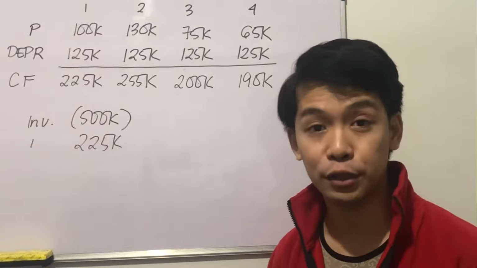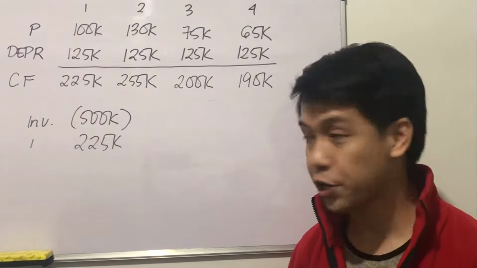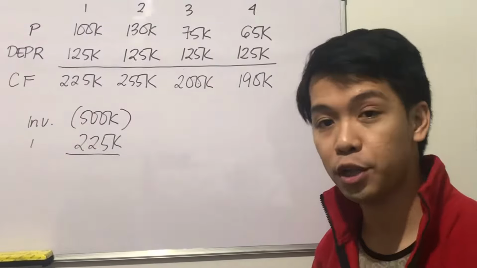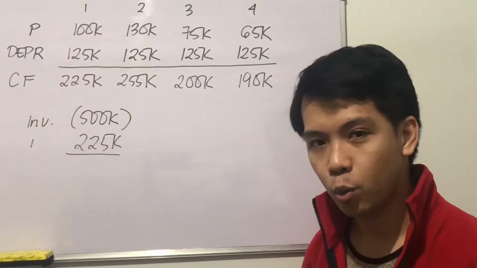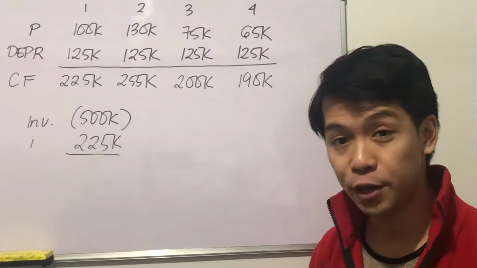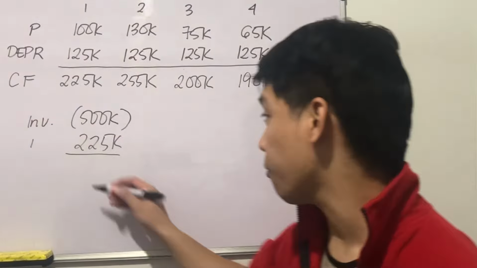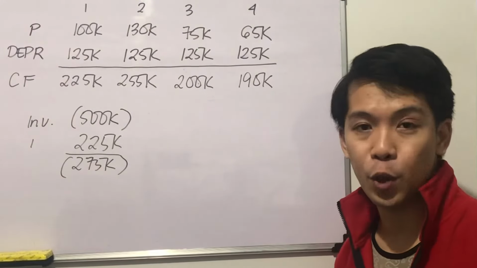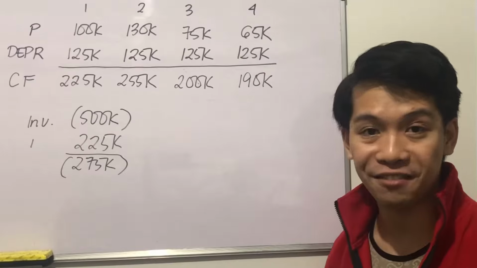This is the cash flow that would be generated in that year. So that's 500,000 less 225,000. Well, at the end of the first year, we still have 275,000 unrecovered. So 1 year is not enough to recover the investment.